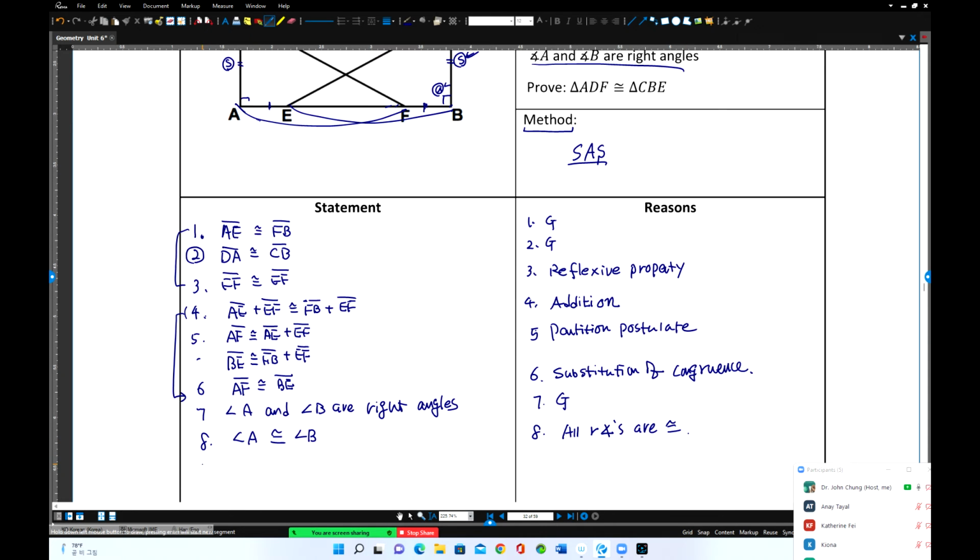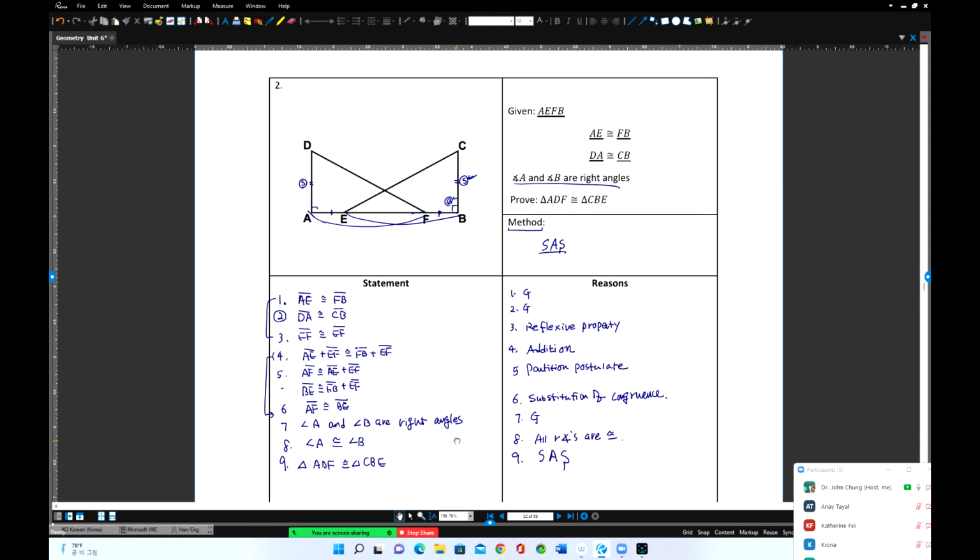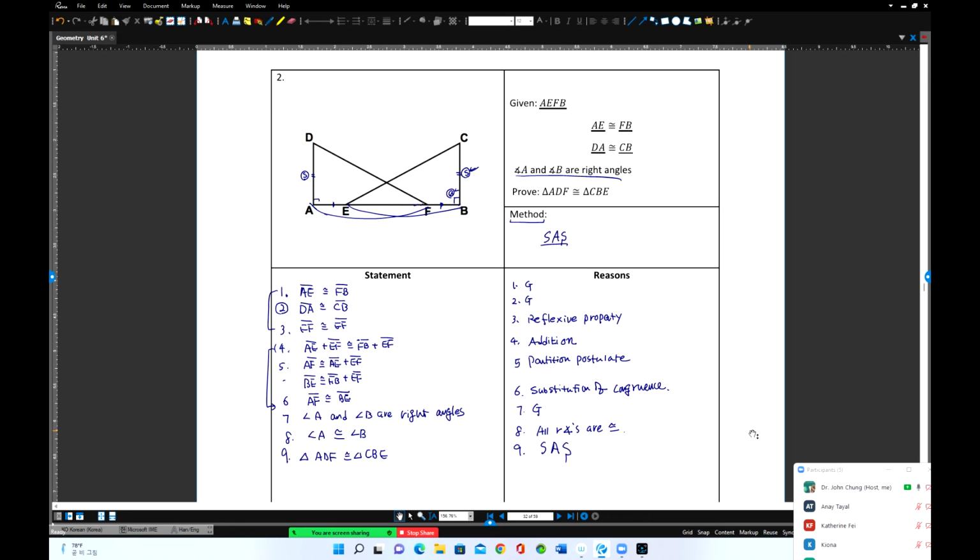Now you can say triangle ADF is congruent to triangle CBE. Now we got everything to say the triangles are congruent. The method is side, angle, side. That's a perfect solution. Alright, that is number 2.